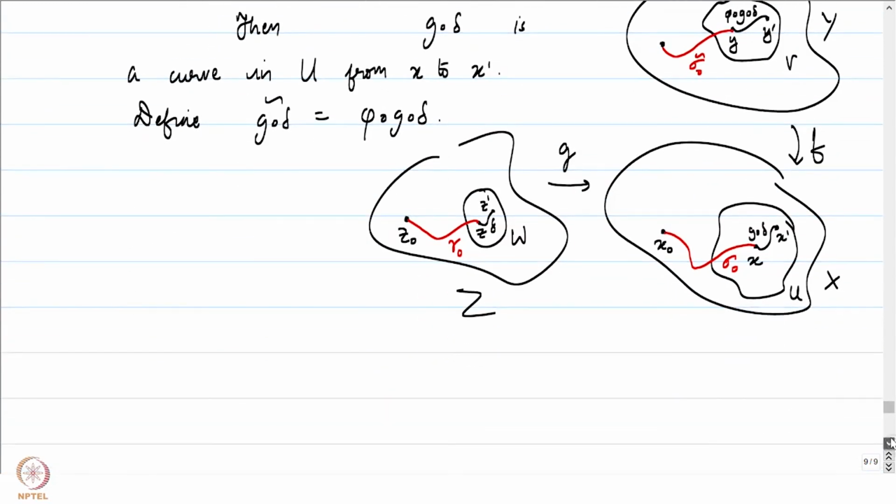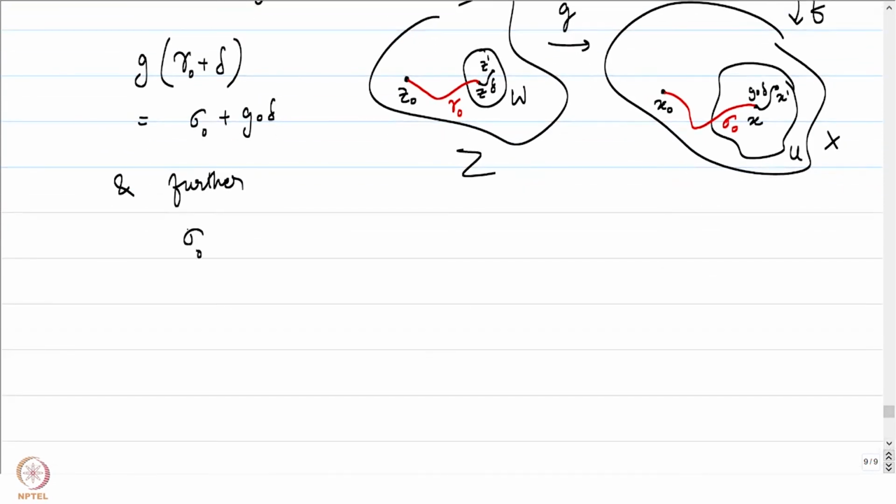A few simple checks will tell us that if you look at the image of the concatenation of gamma 0 plus delta, G of this is equal to sigma 0 plus G composed with delta, and further, sigma 0 tilde plus phi composed with G composed with delta is a lift of sigma 0 concatenated with G composed with delta.